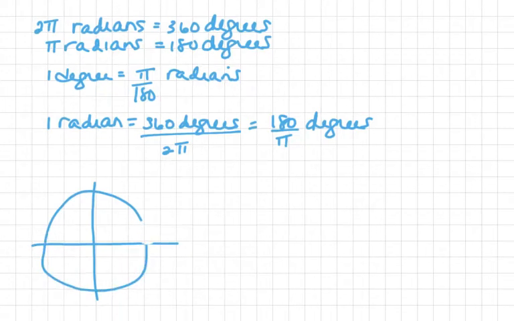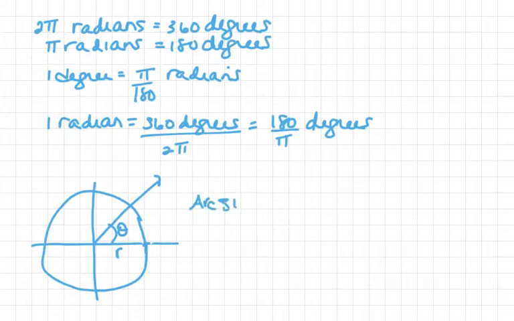If this is some angle theta, and now we know that this is r, then an arc subtends angle theta. So this is your arc that is subtending the angle theta.